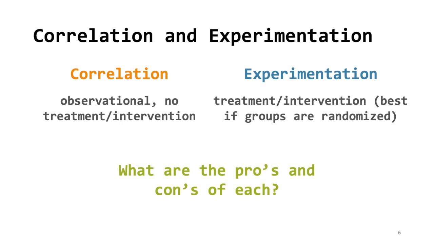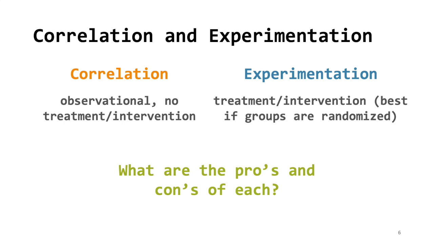Both can be used, and they are used if you look in the literature, look at studies done in your area. Both are going to be present. When it comes to correlation, it is cheap. It's often a lot cheaper to get correlational data than experimentation data. It also can be ethical.